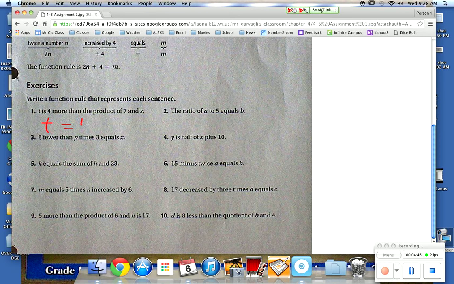It would be 4 plus, it's 4 more than the product of 7S. Yep. Now I could rewrite that as T equals 7S plus 4. Same thing, I just switched it around, right?